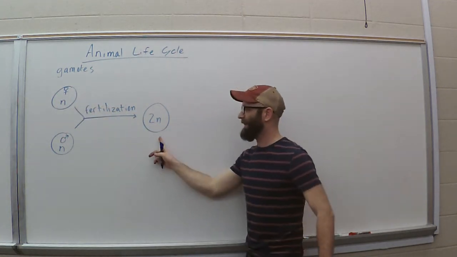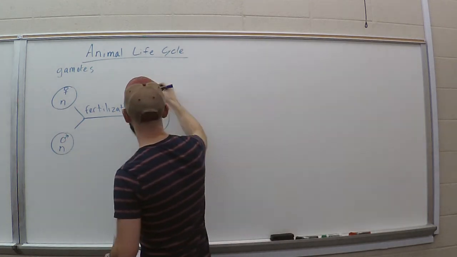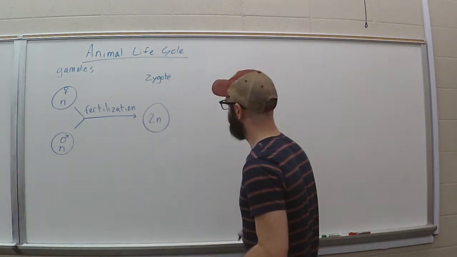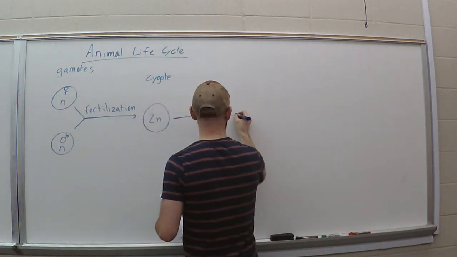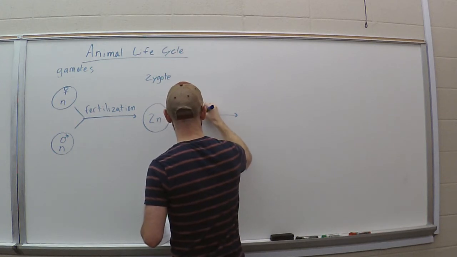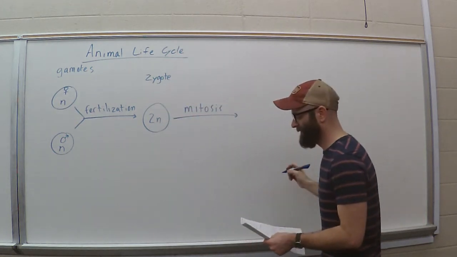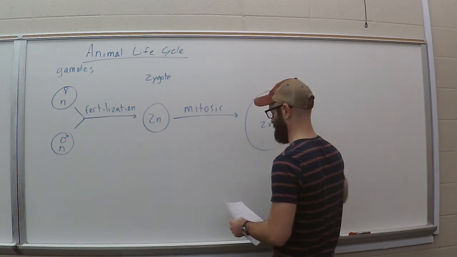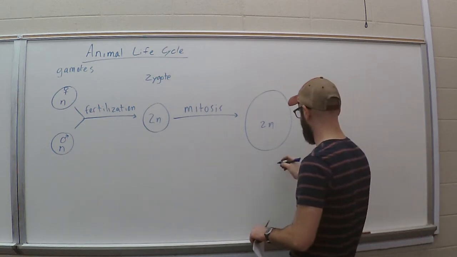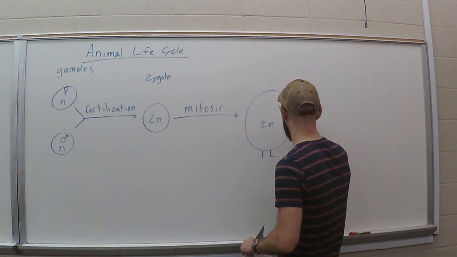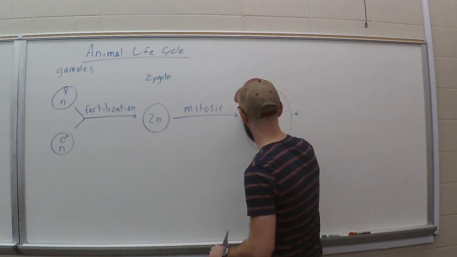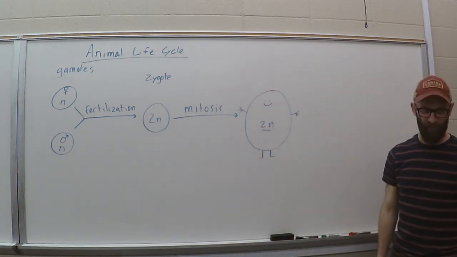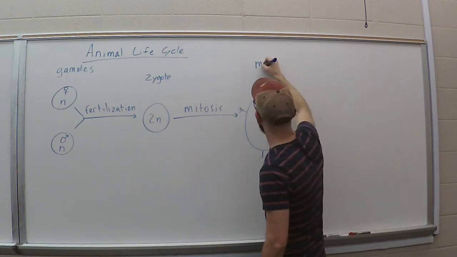They're combined into one cell. Now you got a diploid cell called a zygote. And then that zygote can divide many times via mitosis to make a full-grown diploid organism. Here we are. Right? A full-grown diploid organism that's multicellular.